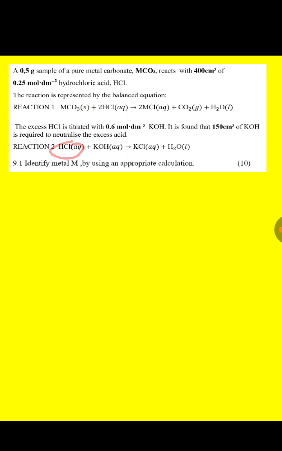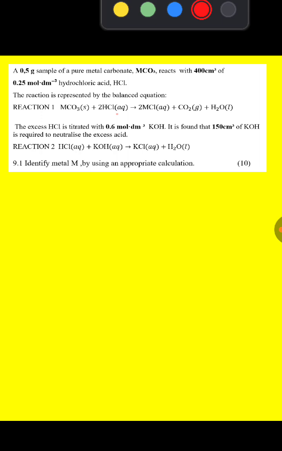Now what you're going to do is to get the number of moles of HCl in reaction 1, and get the number of moles of HCl again in reaction number 2. Then you're going to subtract those number of moles.